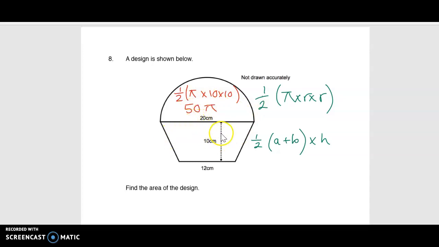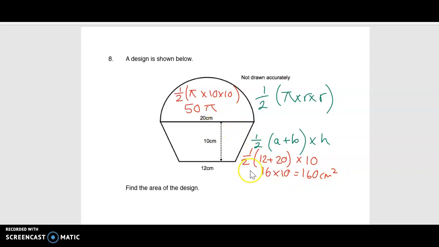This one at the bottom here, so I'm going to do a half of a plus b, so that's 12 plus 20, and then I'm going to times it by the height. So 12 plus 20 is 32, half of that is 16, and 16 times 10 is 160 centimetres squared.